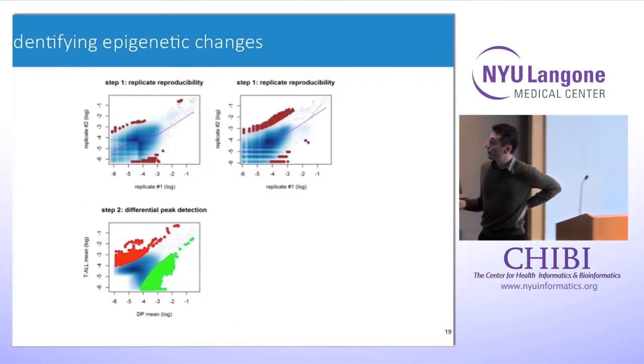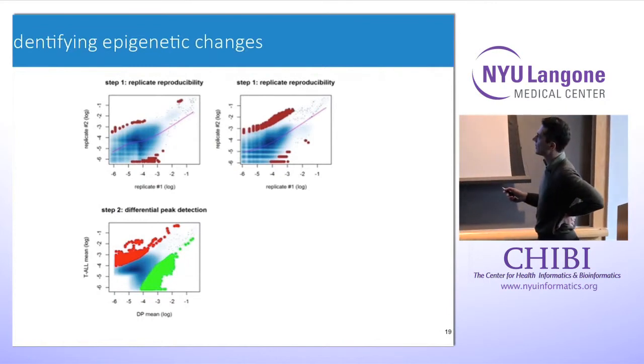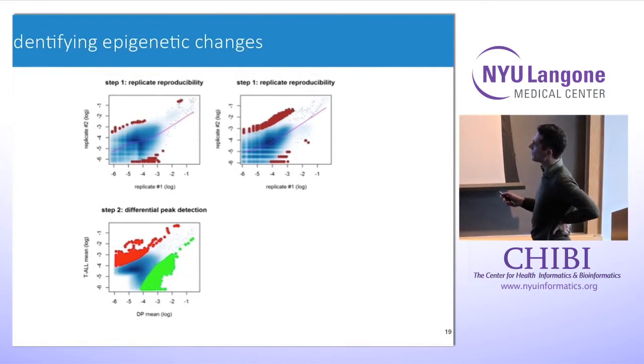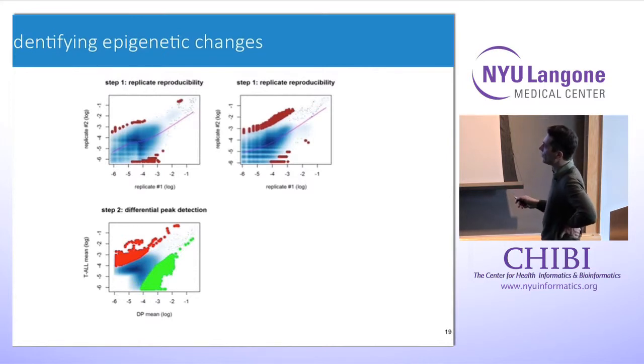Okay, so this is a figure of the different steps of the analysis. This is one condition, this is the other condition. So let's say tumor and normal, and these are the two replicates. And again, you remove outliers, so whatever doesn't fit your model, you just remove it, and then you proceed with what's left. Of course, this is after quantile normalization, and then you call the differences.